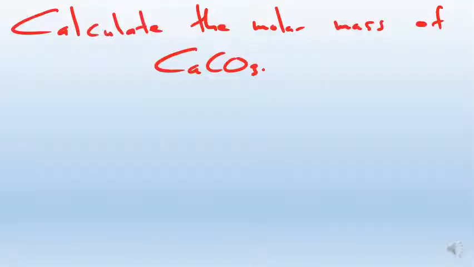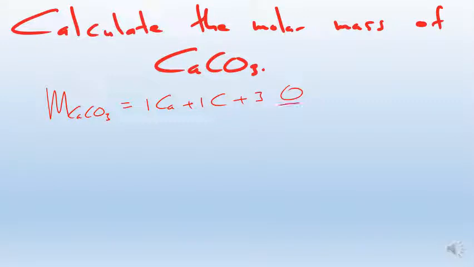Okay, very similar question right now. Calculate the molar mass of calcium carbonate. Calcium carbonate, again, stick to the notation CaCO3. So it'll be 1 calcium, 1 carbon, plus 3. I underline the oxygens like that. So we go very simple. And if you remember, calcium has an atomic mass of 40.